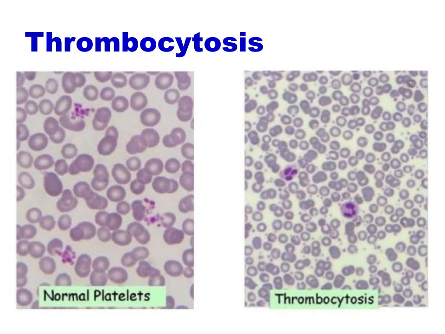So these are actual slides, now showing us thrombocytosis. The one on your left is the smear that contains a normal number of platelets, although they are seen in aggregates. And on the other side, you get to see numerous platelets. The small structures here are all platelets, and this is a condition known as thrombocytosis.